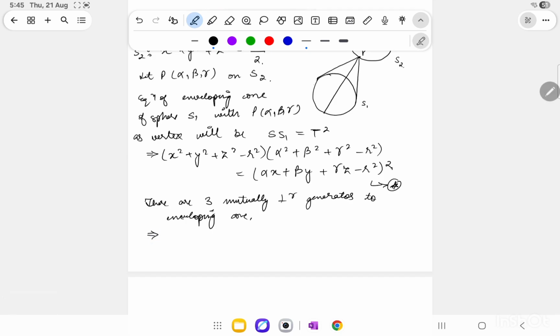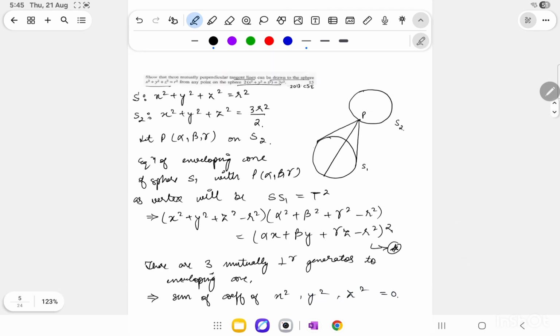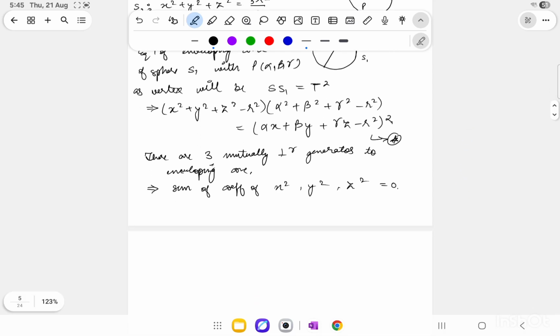So we are supposed to verify that the sum of the coefficients of x square, y square, z square equals 0. Only then these three lines will be mutually perpendicular tangent lines to sphere S2.